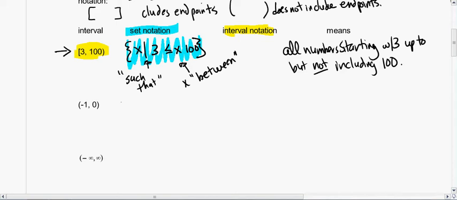So the set notation for that would look like this. All x's such that x is between -1 and 0. So here I'm using those less than symbols because I've got the parentheses.